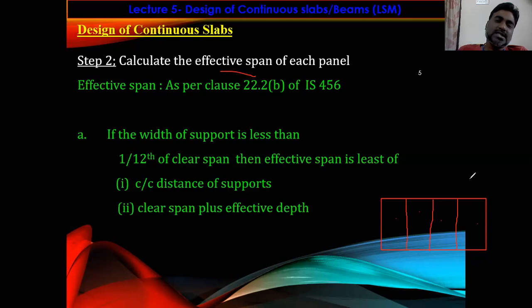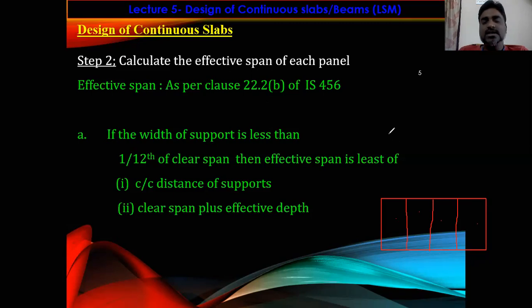And one more thing here, if it is a one-way slab, as I told you earlier, there are two types of slab based upon the load transformation, right? Or in terms of the bending, right? So there are two types of slabs, that is one-way slab and two-way slab. How to classify those?